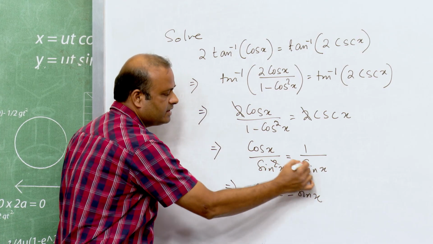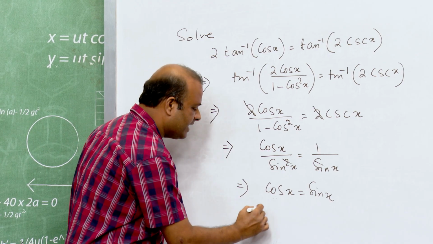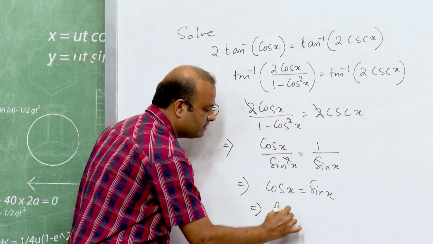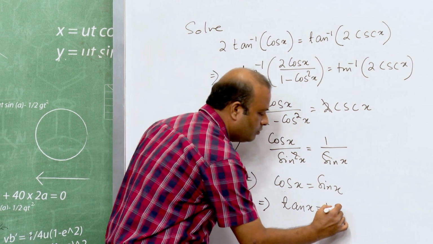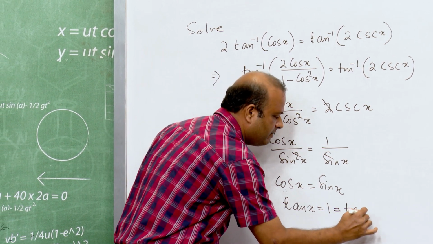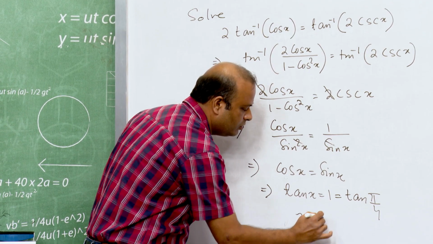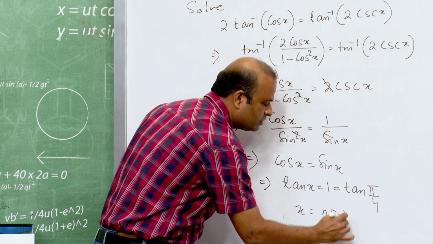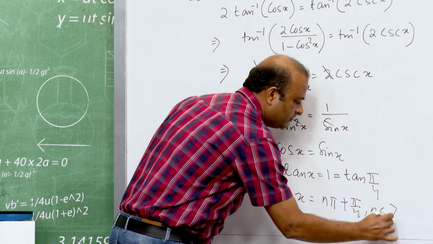One sin x cancels out. Now cos x is equal to sin x. This implies tan x is equal to 1. So 1 you can write as tan pi by 4. Now x is equal to n pi plus pi by 4, n belongs to Z.